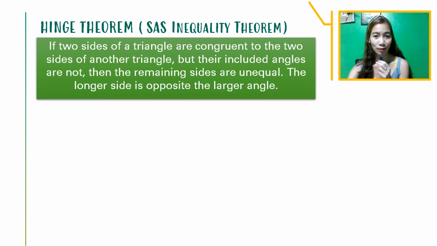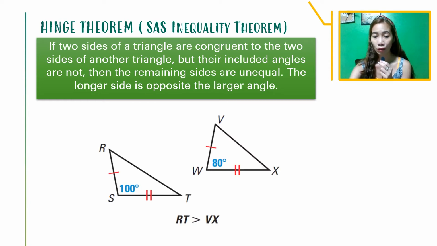To make this simple, I have here an example. Let's go back to the theorem. It says, if two sides of a triangle are congruent to the two sides of another triangle, so we have here two triangles. Ano kaya yung two sides congruent na yon in these two triangles?